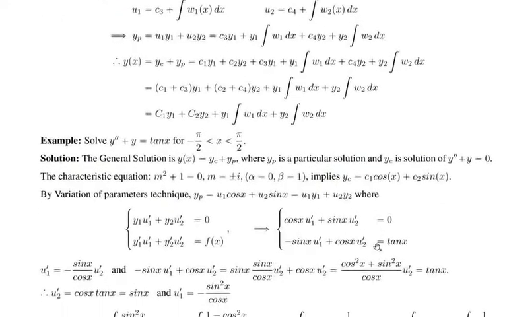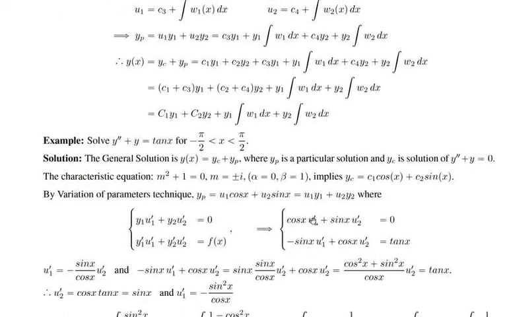The way I'm going to solve it is to first find u1 prime in terms of u2 prime. Note that u1 prime is nothing but minus sine x over cosine x times u2 prime, or minus tan x times u2 prime. Then I'm going to replace u1 prime in the second equation, so that I get a term which only depends on u2 prime. After taking common denominators, I have cosine squared plus sine squared, which is equal to 1.